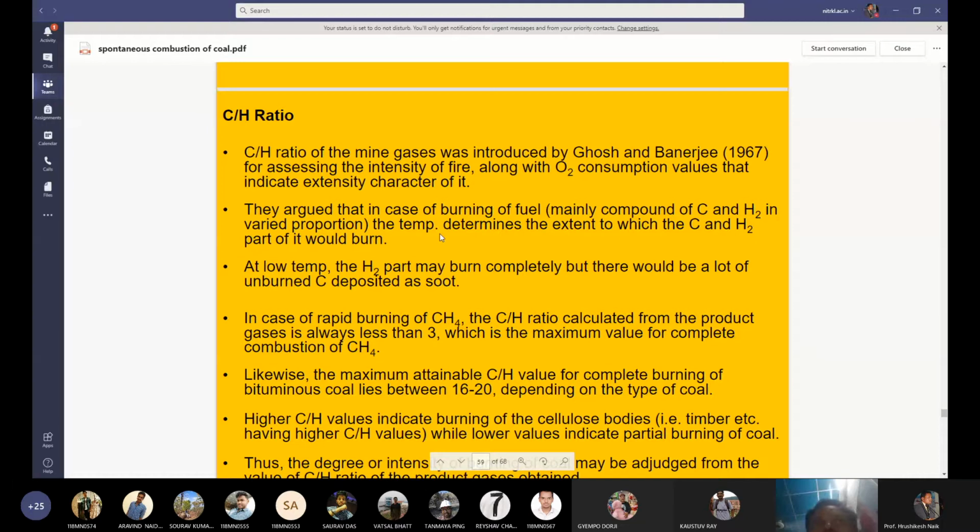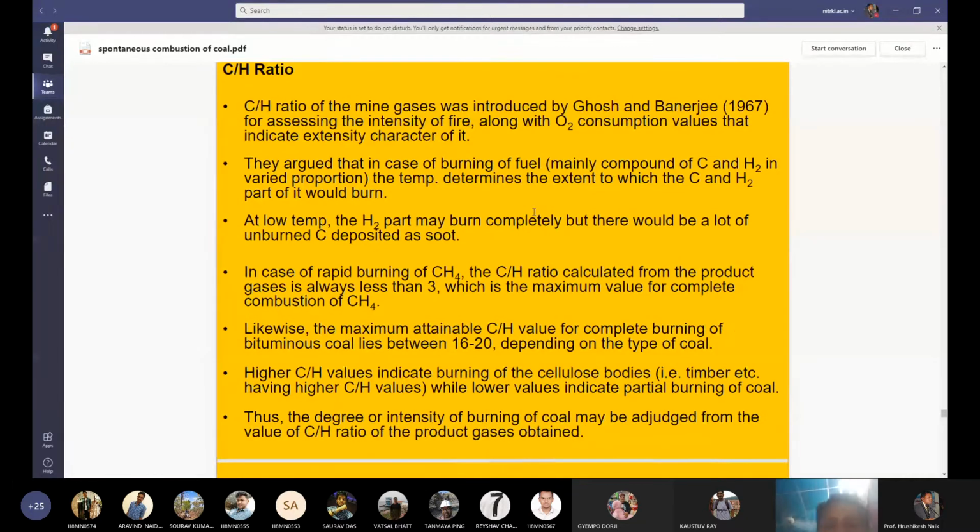They argued that in the burning of fuel, which is mainly a compound of carbon and hydrogen, at low temperature the hydrogen part may burn completely, but there would be a lot of unburned carbon deposited as soot.